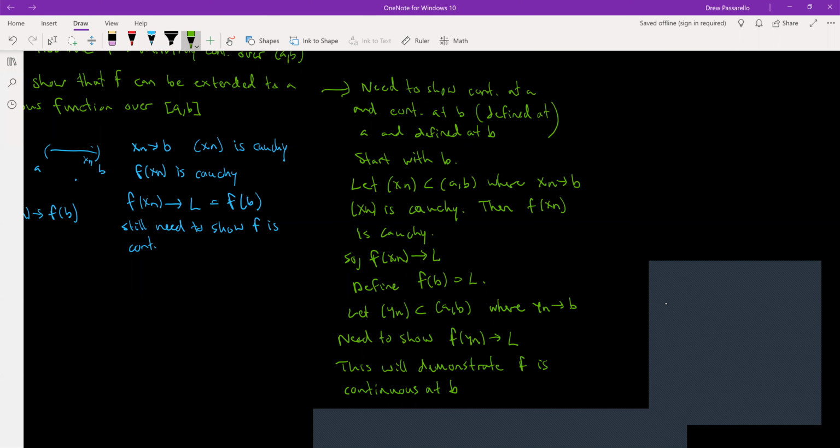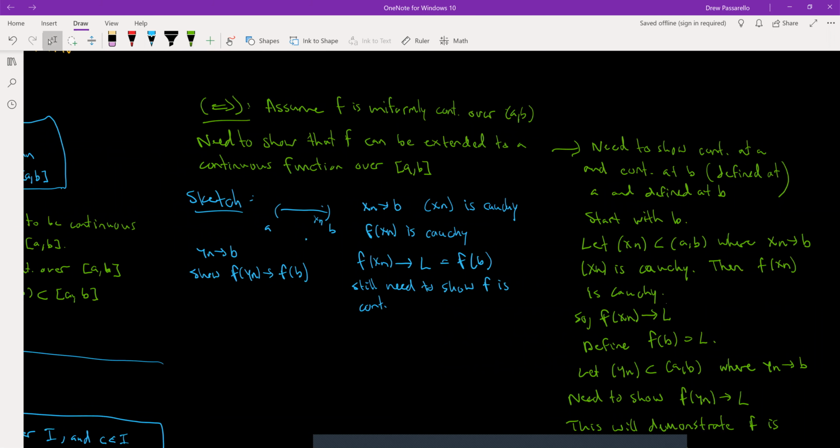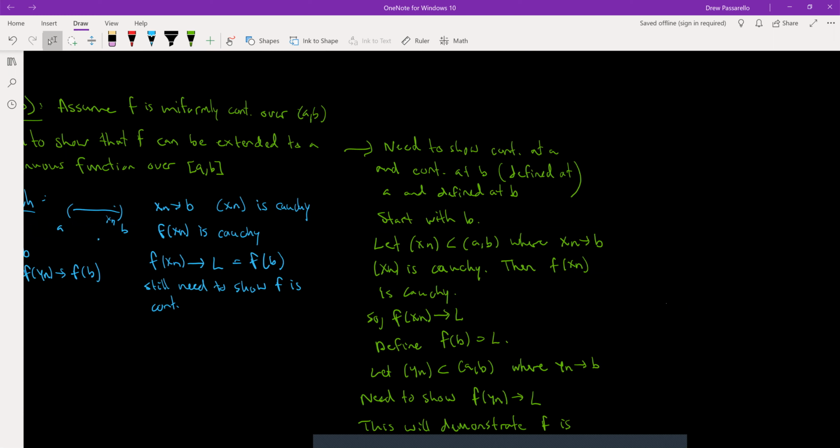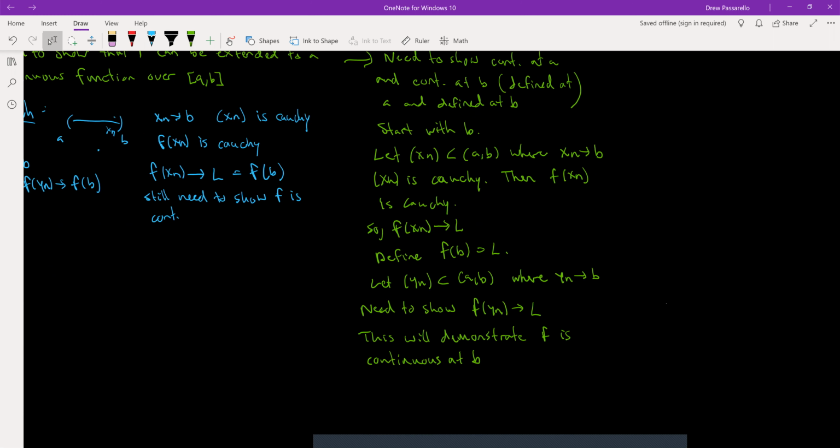All right, so the proof so far is what we've written. f is uniformly continuous over the open interval (a, b). We need to show that f can be extended to a continuous function over the closed interval [a, b], which means we need to show that it's continuous at a and continuous at b, meaning it's defined at a and defined at b. Start with the endpoint b. Let xn be a sequence in (a, b) where xn converges to b.